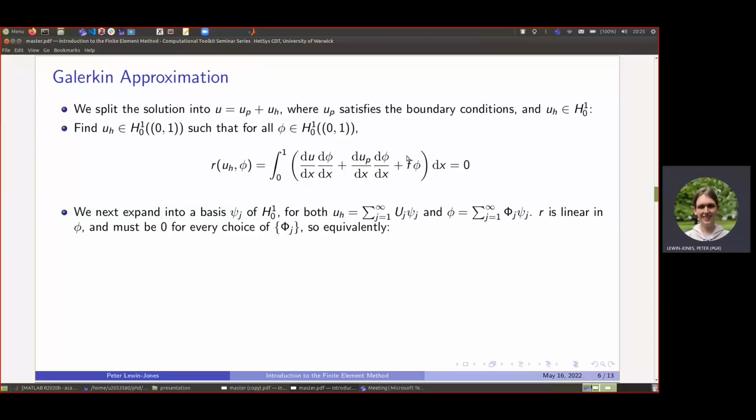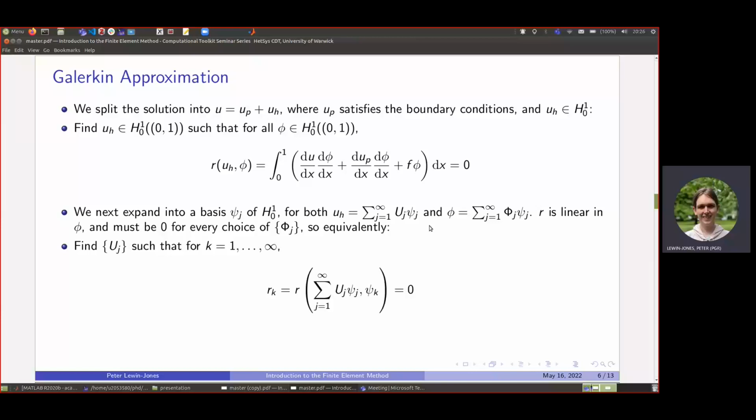Well, it's also linear in the solution u, but if we had a non-linear differential equation, that wouldn't be true, but R would still be linear in the test function phi. And in particular, the fact that R is then 0 for all choices of phi means that when we've split it up into this basis, R must equal 0 for any choice of these coefficients phi_j.